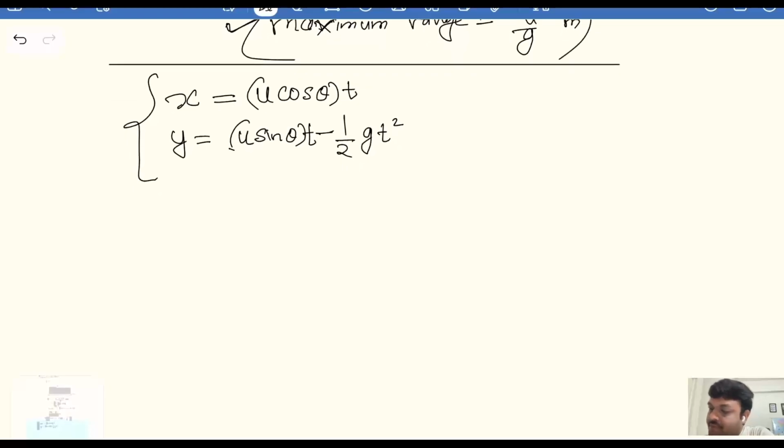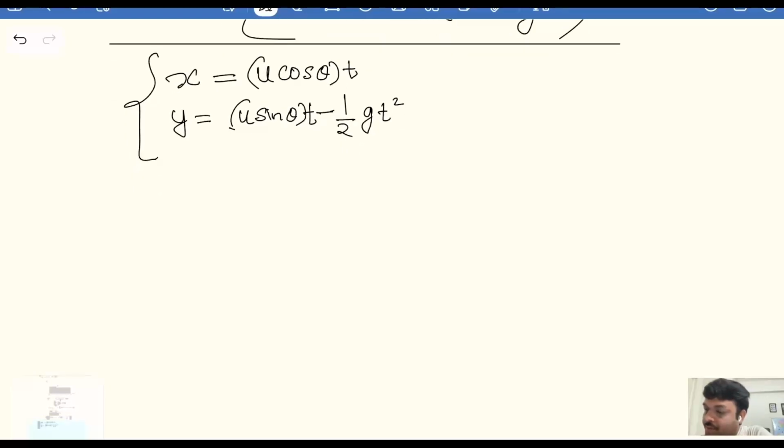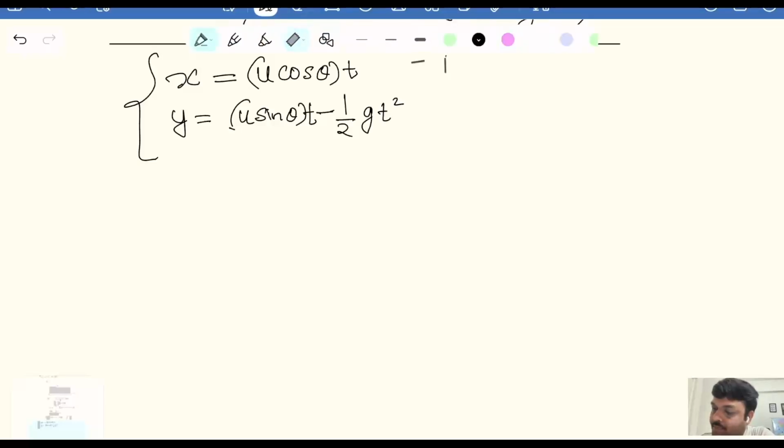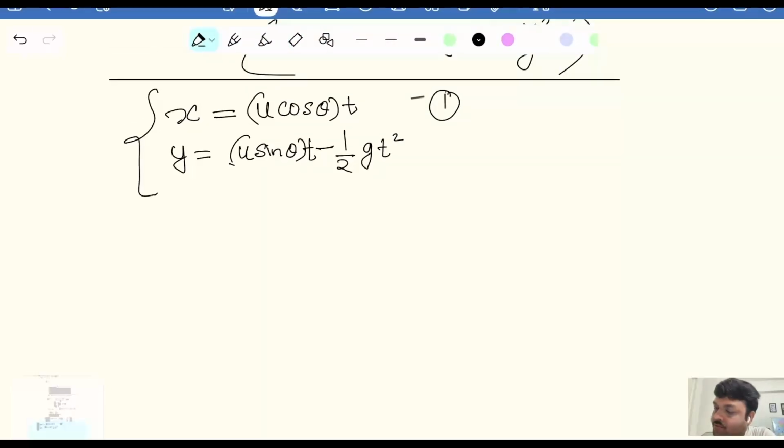So from our previous session, we got to know about these expressions: x is u cos theta t and y is u sine theta t minus half g t square. So considering this as equation 1 and this as 2, and how did we get it?